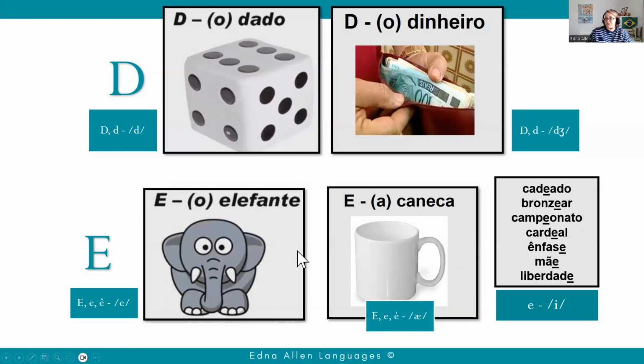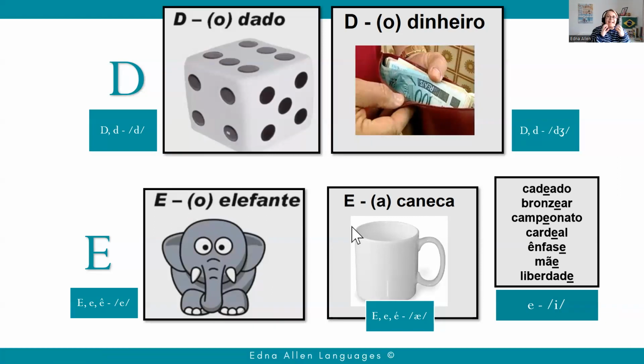And we then also have the E, the open sound. So it would be a caneca. A caneca. So recapping, the sounds of E. It could be o elefante, elefante, a closed sound. It could be an open sound, and we open our mouth a little bit more.